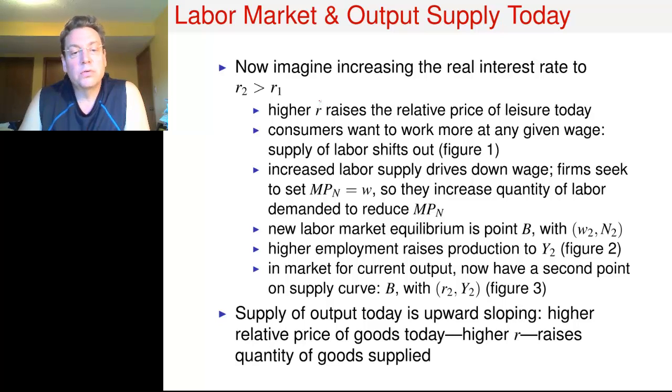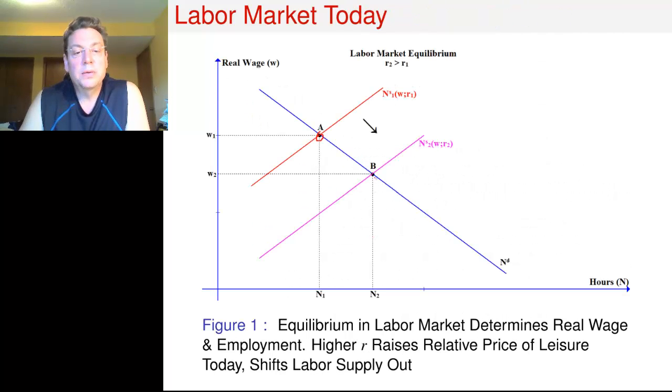If the wage falls and firms want to equate the marginal product of labor to the wage, they're going to increase the quantity of labor demanded, because that will drive down the marginal product of labor to keep it equal to the wage. This will give us a new equilibrium point in the labor market, point B. So we have the labor supply curve shifting out.